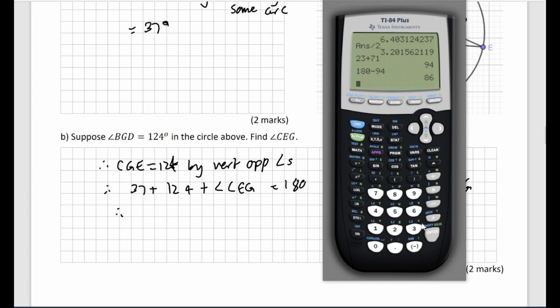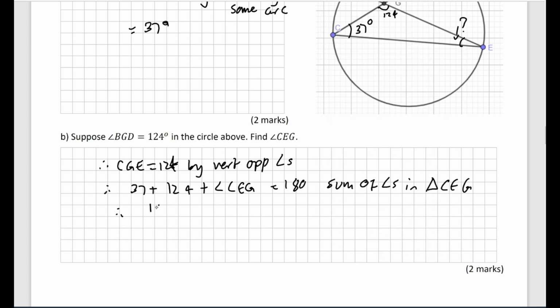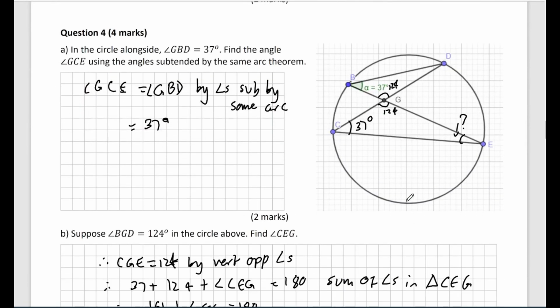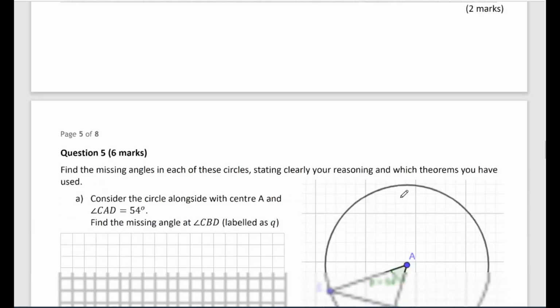We'll see what that is. 161. Therefore, the angle CEG equals 19. Beautiful. There's a couple of ways you could go about that. The other way you could do it is you could find this angle in here first. You would find that that's 19, and then you just use angles subtended by the same arc again. So there's a few methods to get there.